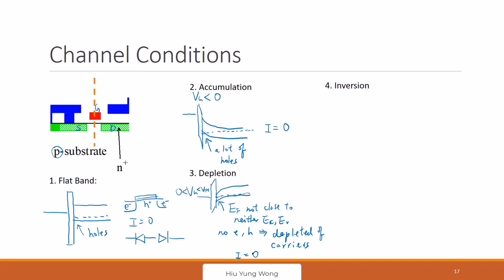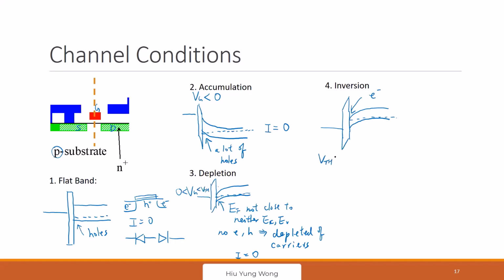Also, because Vg is less than Vth. Yeah, but they correspond to each other. The reason we call it Vth is because at or after Vth, the Fermi level here is close to the conduction band, so we have a lot of electrons.